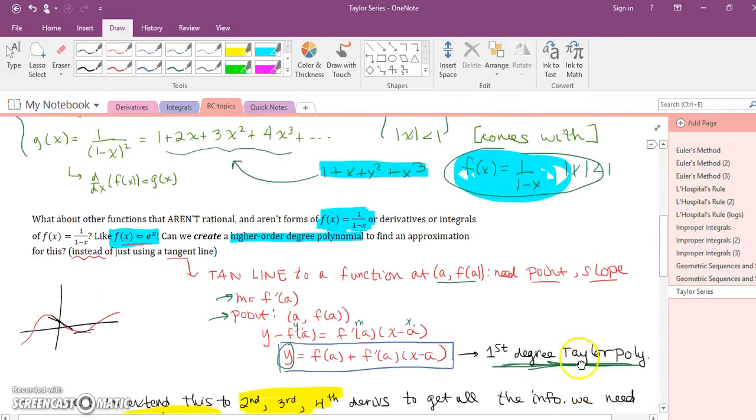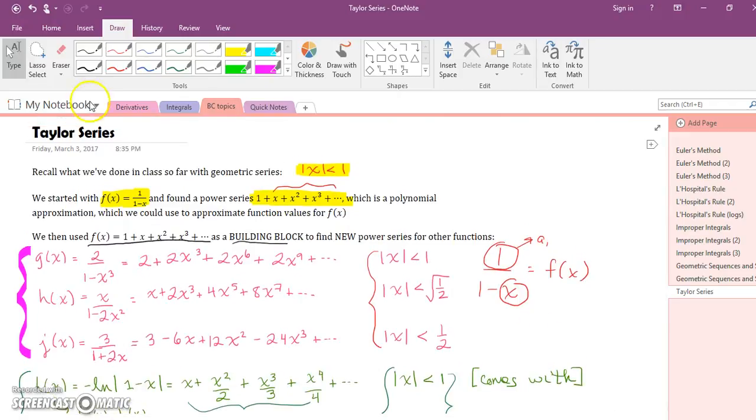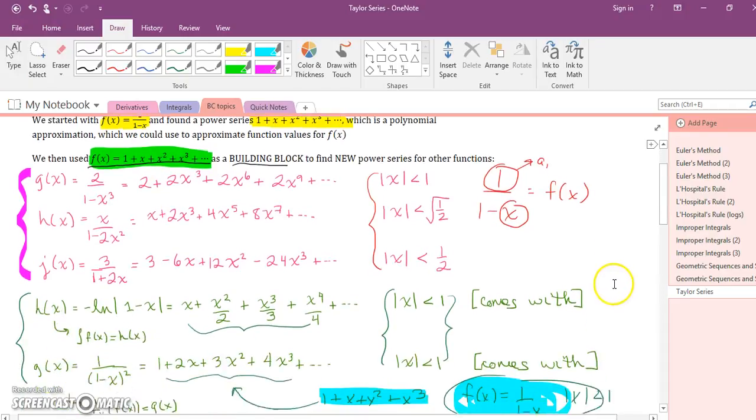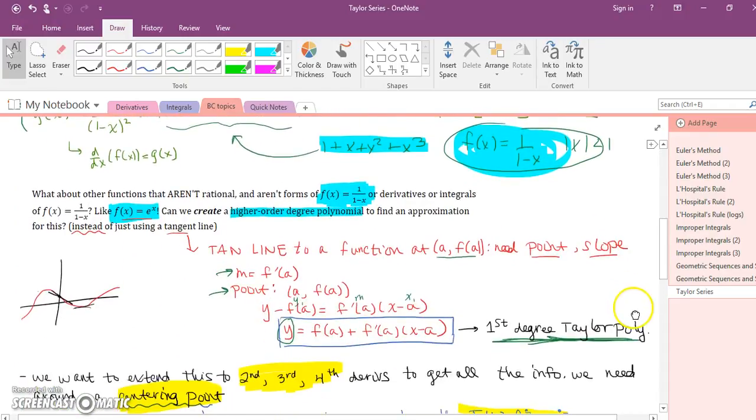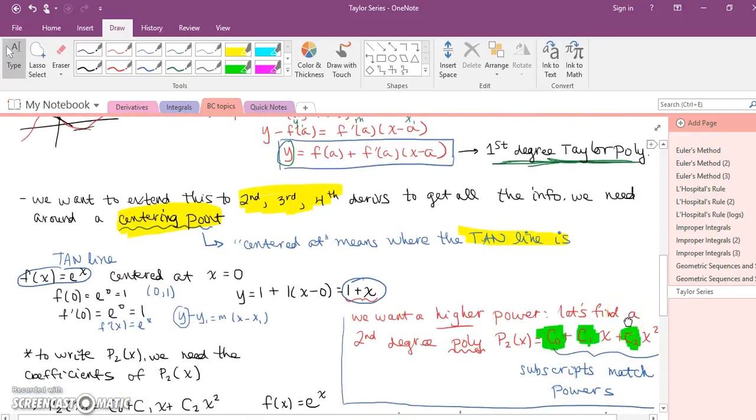Now notice whenever we did this guy, all the coefficients were 1, which makes it kind of easy to find. There is not any other Taylor series that has all the coefficients of 1. So our main goal when we do this is to find the coefficients, and that's what helps us make our Taylor series. And when you write this out, notice that your subscripts, which are these guys down here, match the power of your variable. This is really x to the first. This technically is x to the 0 afterwards.